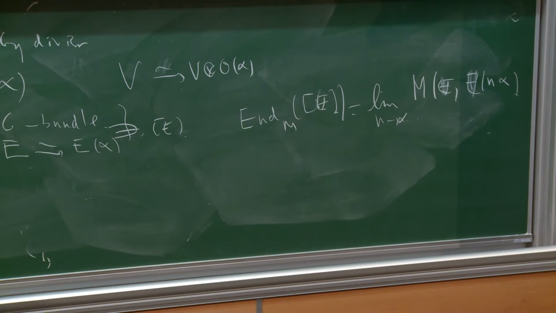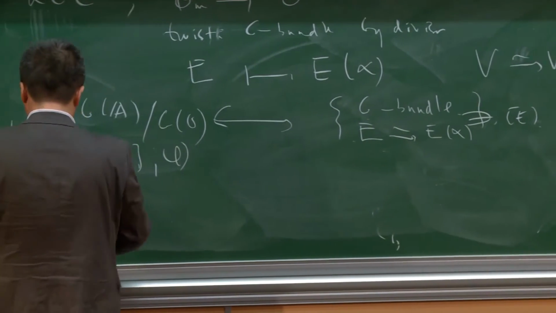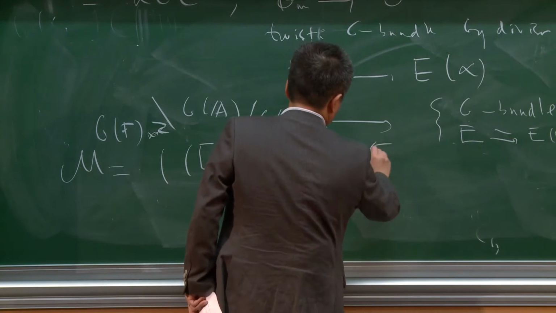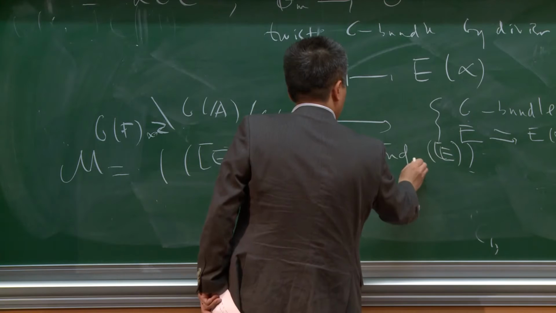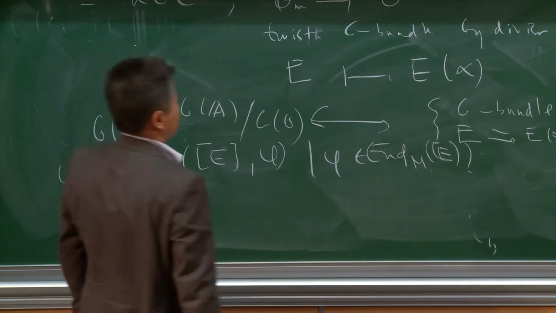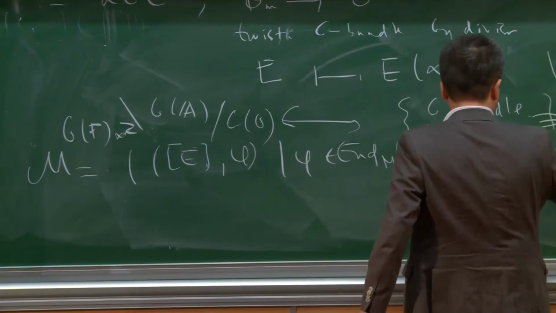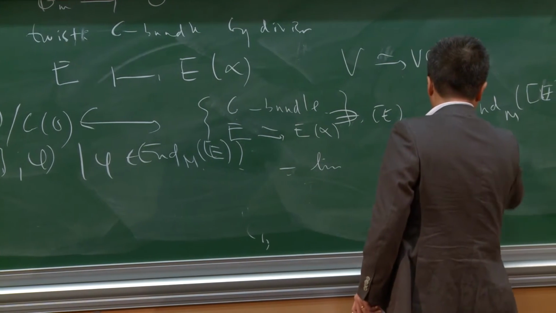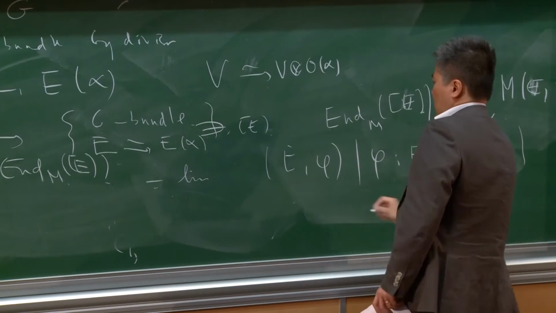Then you look at the space M, a space of E and phi, and phi is just an endomorphism of E. You can write this as a limit, which now becomes E and phi, with phi mapping E to E(n∞).